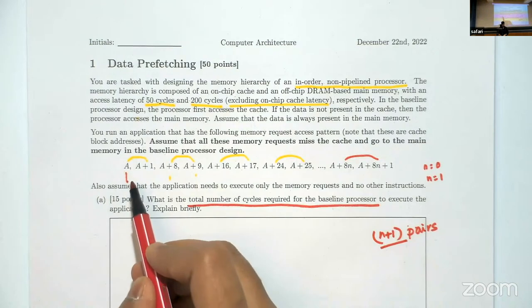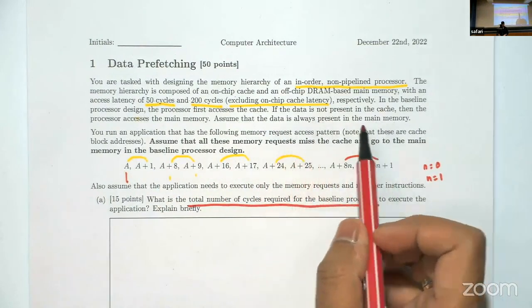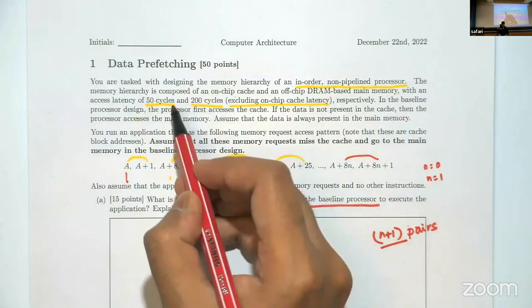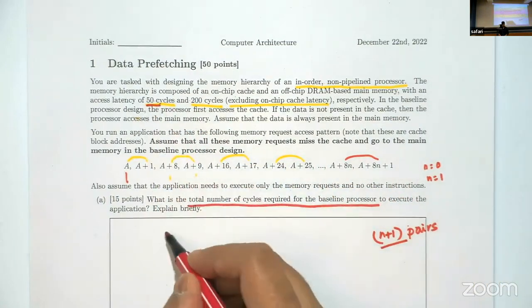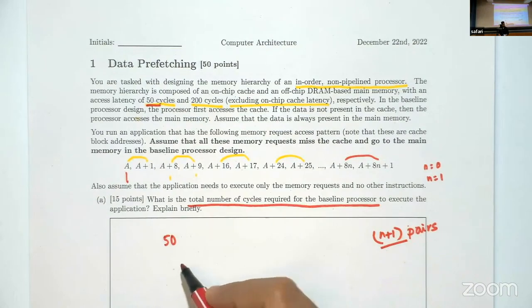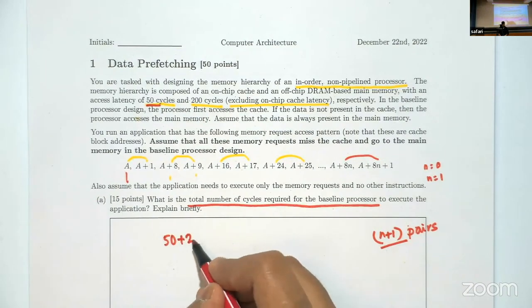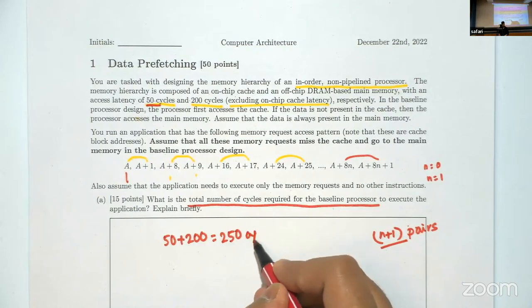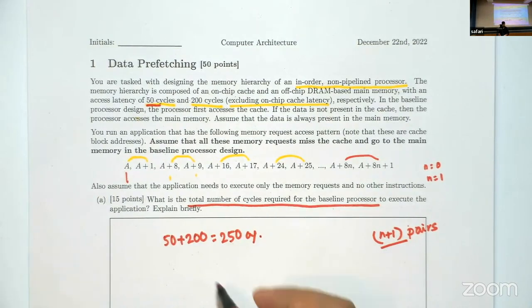The first memory request misses in the cache, so it goes to main memory. It first needs to access the cache hierarchy, which is 50 cycles, and then it goes to the main memory, which takes another 200 cycles. So it takes 250 cycles per access.